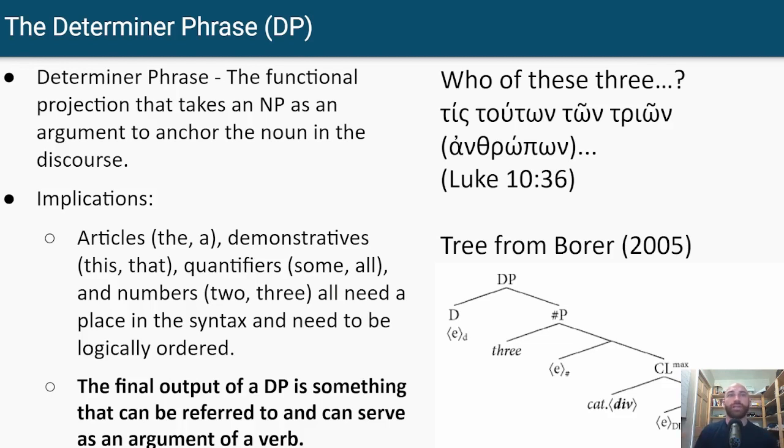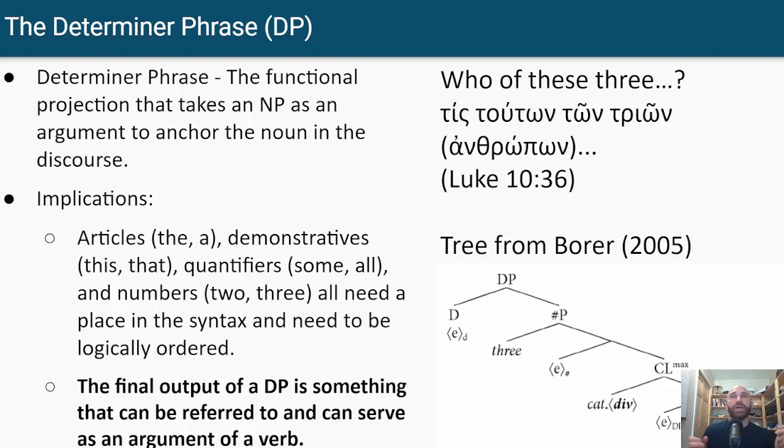It doesn't refer to something in the world. I would need a cat or the cat or two cats or this cat or that cat. But I can't just say cat. So the point is that the verbs need arguments that refer to something, and the determiner phrase is the thing that allows nouns to refer. That's kind of its main function.